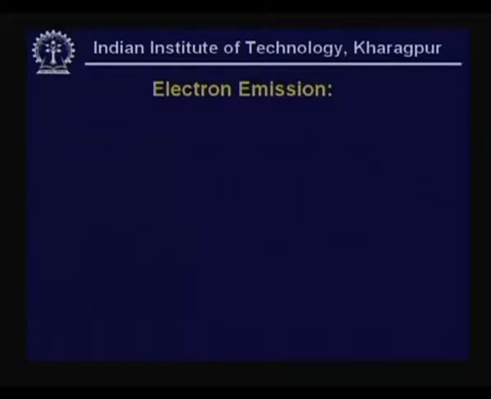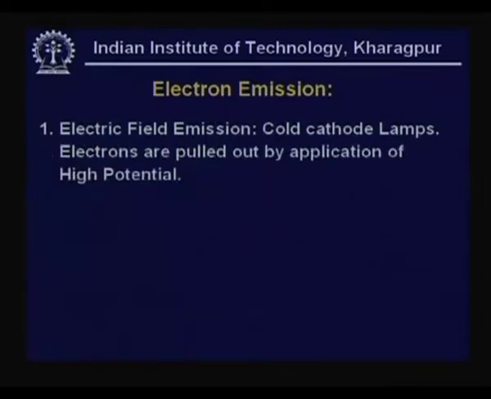In fact, the first of these is what we call electric field emission, that is emission of electrons sheerly by application of electric field. These are also called cold cathode lamps. In fact, all of us who have gone through one course on electronics know that if you have a gas tube with two electrodes placed, one positive and another negative, we call the positive electrode as anode and the negative electrode as cathode.